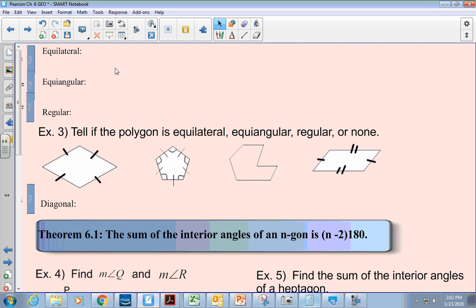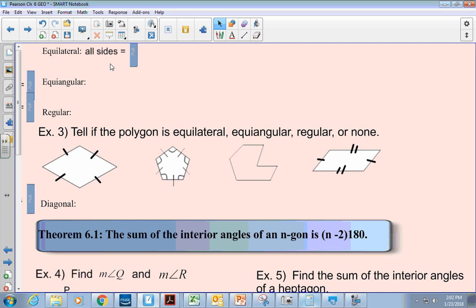All right, so if a polygon is equilateral, remember lateral means sides, equi means equal. Equilateral means all sides are equal.